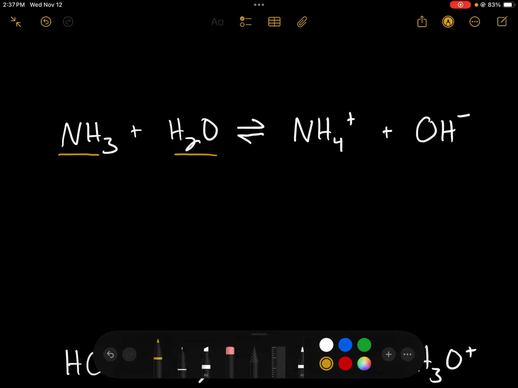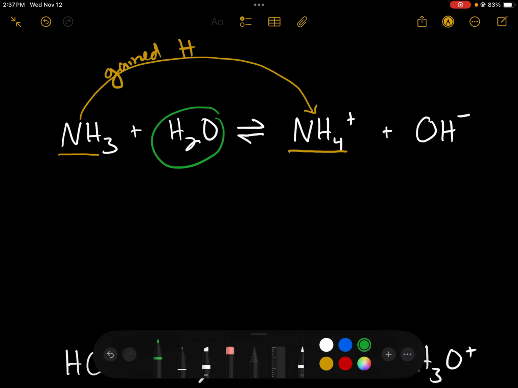That NH3 became NH4+. So over the course of this reaction, NH3 gained a hydrogen. H2O, on the other hand, lost a hydrogen.